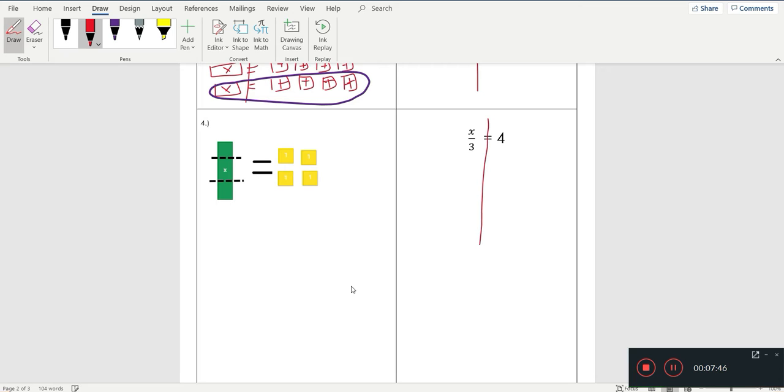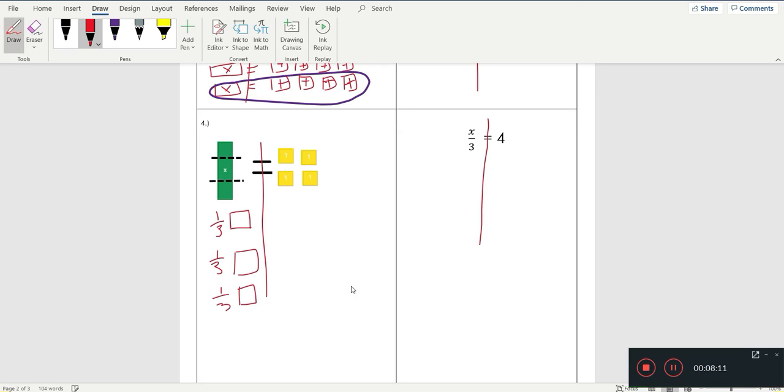So let's now see how we're going to show that as a model. So it means 1/3, or like the small part, right? It represents the 1/3. Another is 1/3. Another is the 1/3.